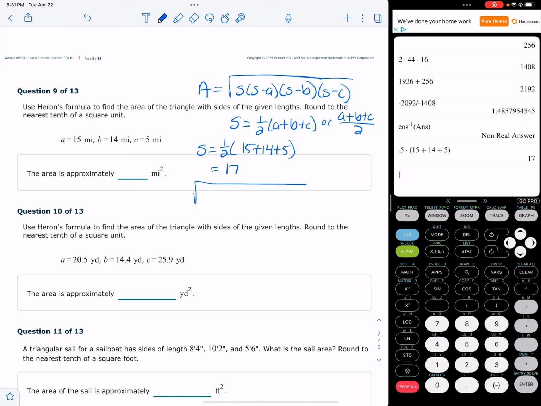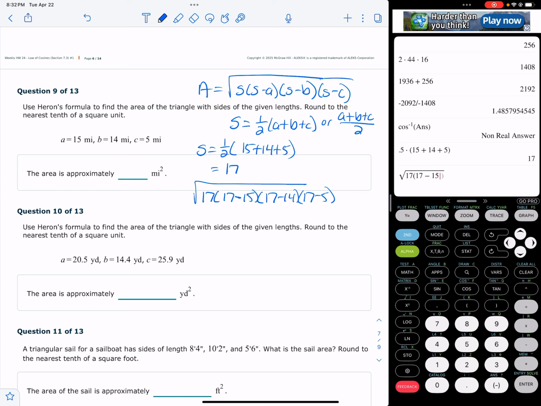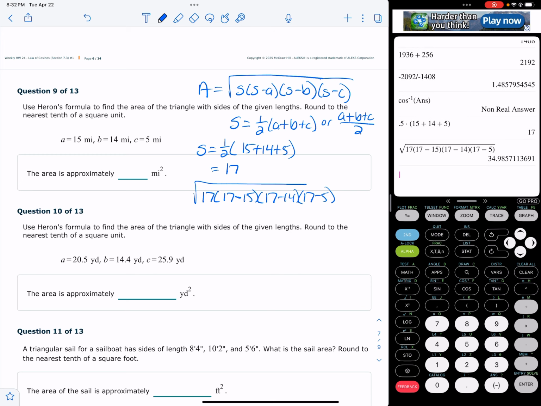And so now when we put this in the calculator, it tells us to round to the nearest tenth, which would be 35.0. So there you go.